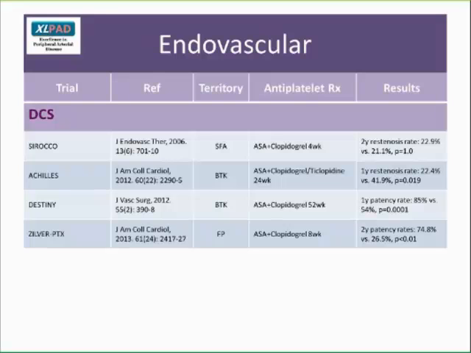Let me go quickly and state what's happening in the drug-coated stent area. While I show you this slide, you can peruse and look through it. I just want to make one very important comment that the Zilver PTX study, which is the 4th on the list, which was initially published in Circulation in 2012 and then extended publication in 2013, was the first study whose IFU or instruction for use actually came with a recommended duration of dual antiplatelet therapy.